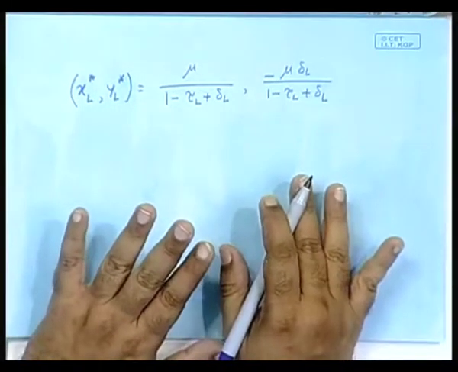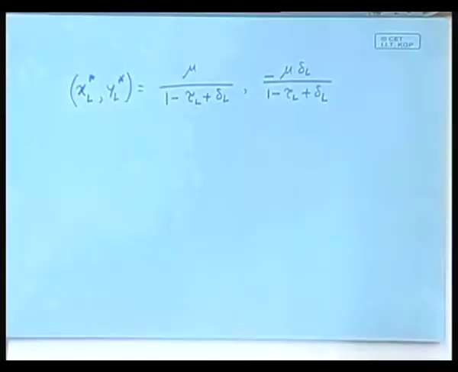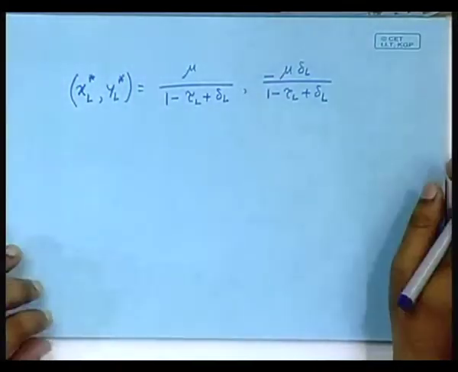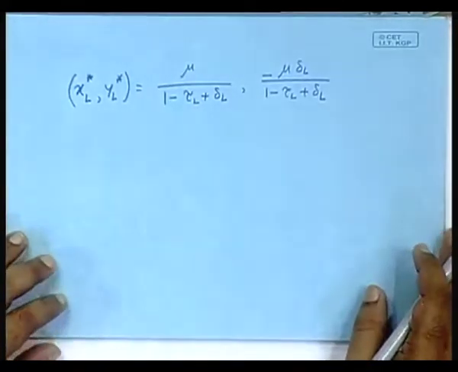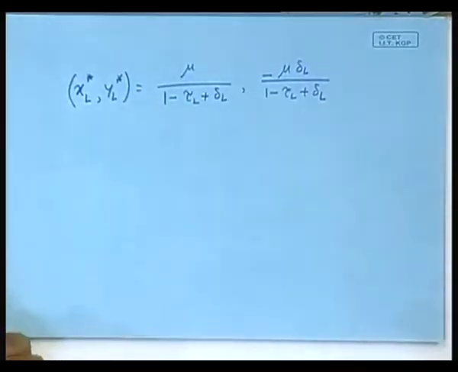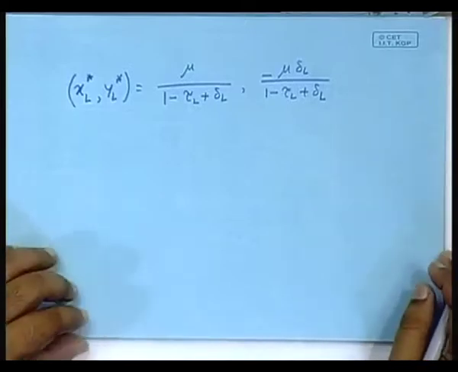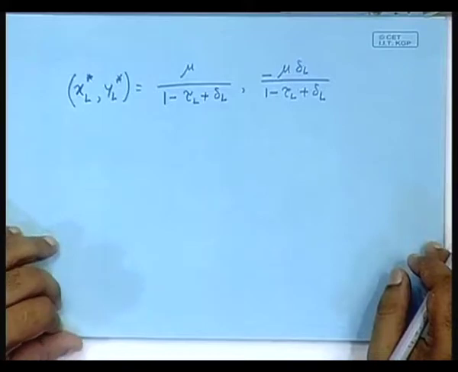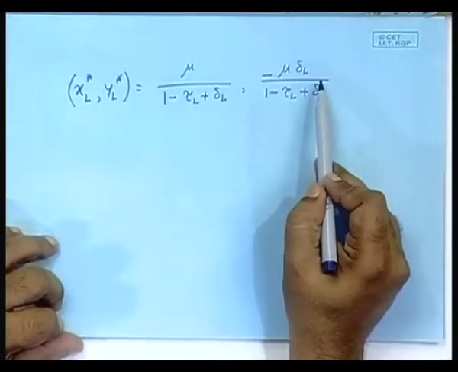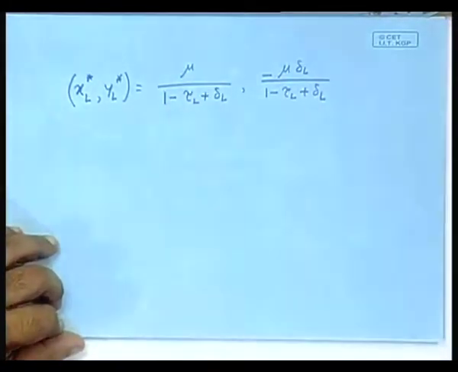I am just saving time by not asking you to obtain it, because we have only very little time left for this semester. That is why I am saving the bother of calculating. So, this is the fixed point, right?